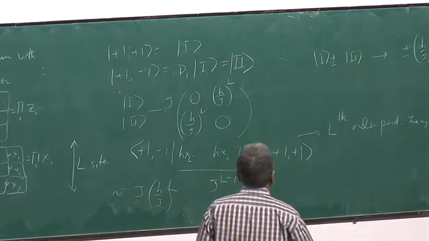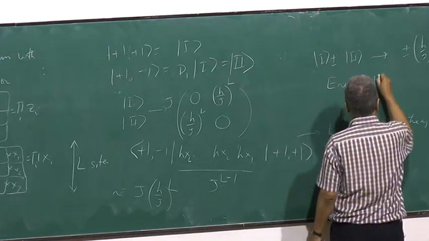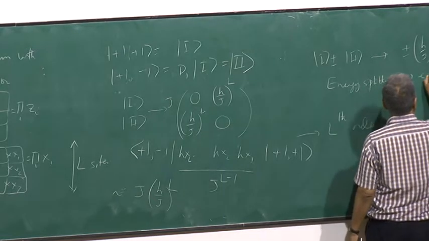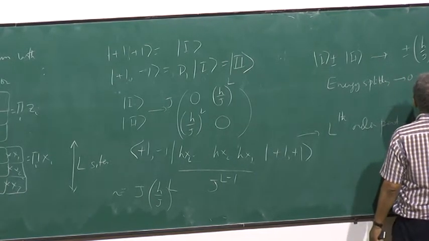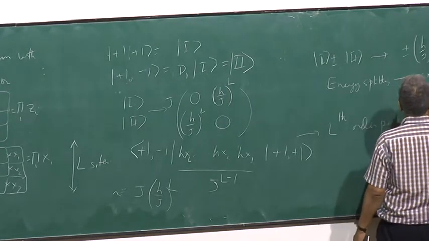So the energy splitting goes to 0 exponentially if h by j is much less than 1 and L goes to infinity.